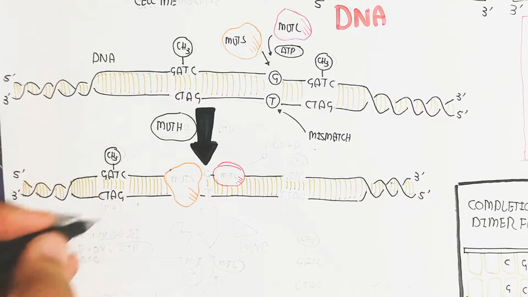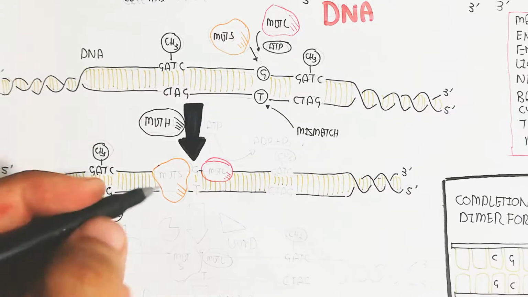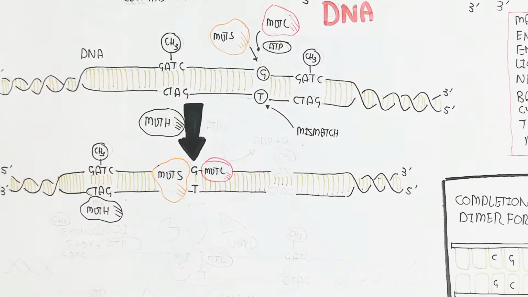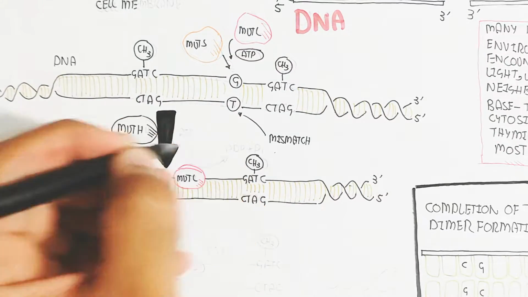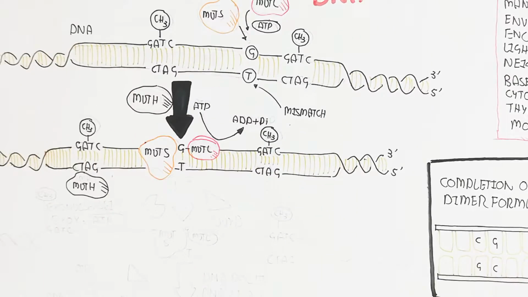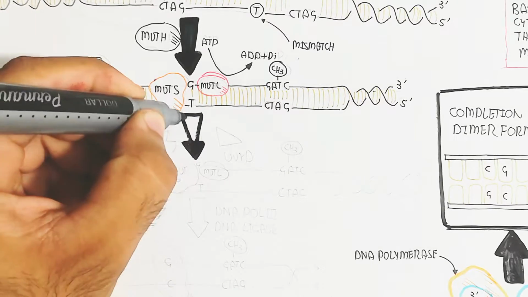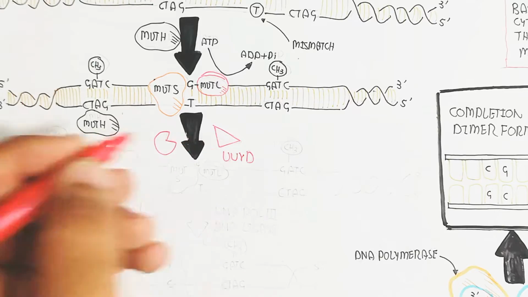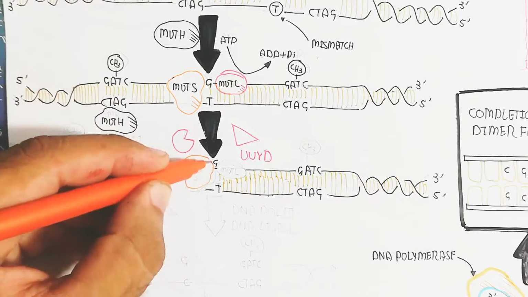MutH will bind to a sequence that is equal on both sides, for example the palindromic sequence. MutS and MutL combine where the mismatch occurs, while the palindromic sequence recruits MutH, which will bind.